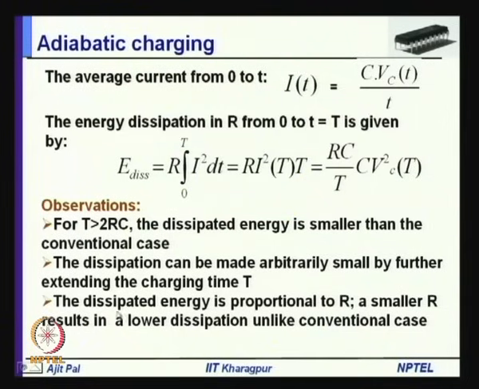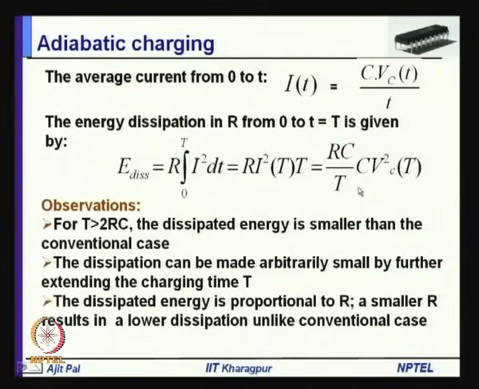That means the dissipated energy is proportional to R, and a smaller R results in lower dissipation, unlike the conventional case, because in the conventional case, as we have seen, R does not figure in this expression, whether you are charging with a constant voltage or a constant current.